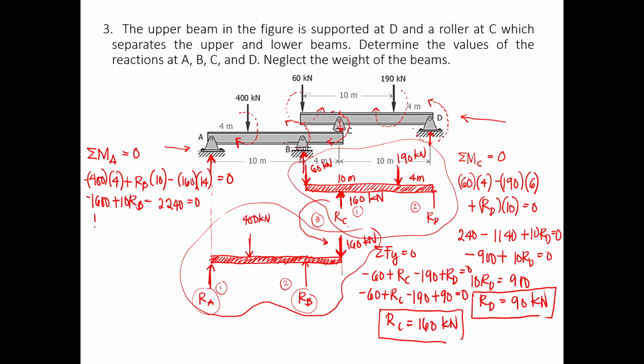Okay, so that will be 10 RB minus 3840 equals 0. So you have 10 RB equals 3840. So reaction at point B is 384 kilonewtons.